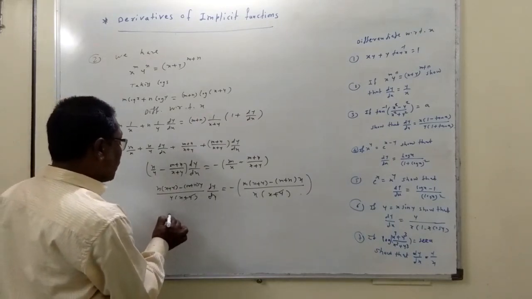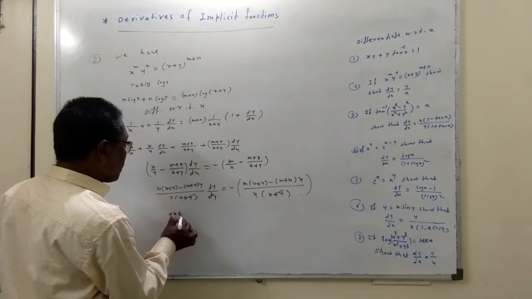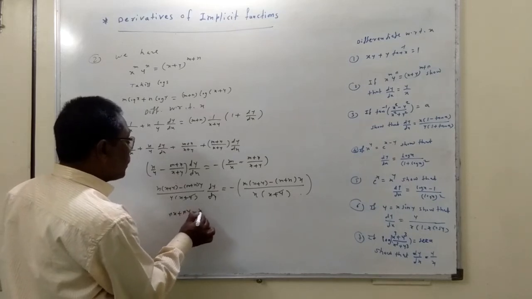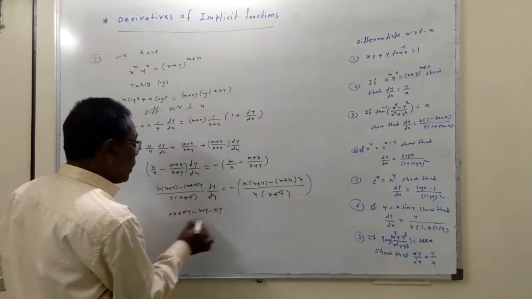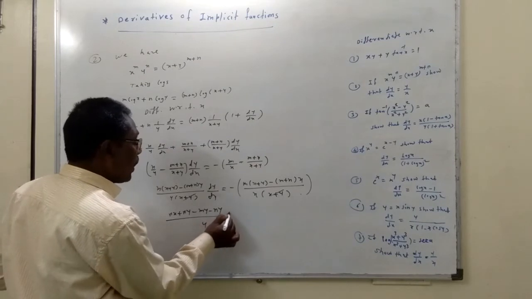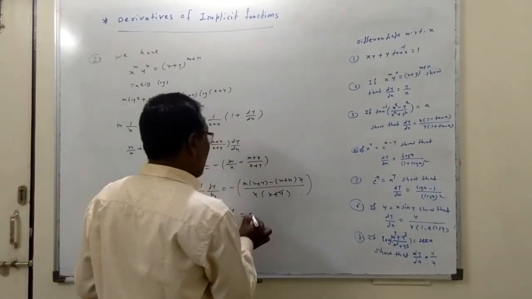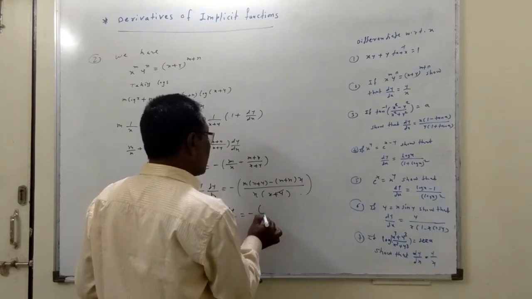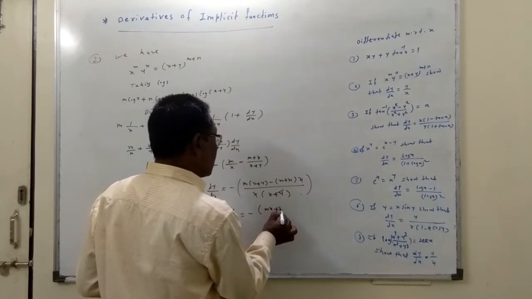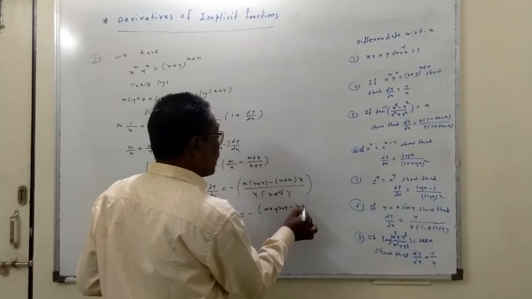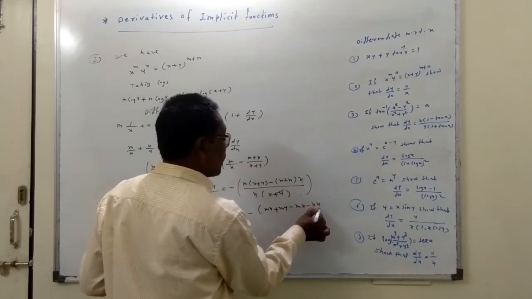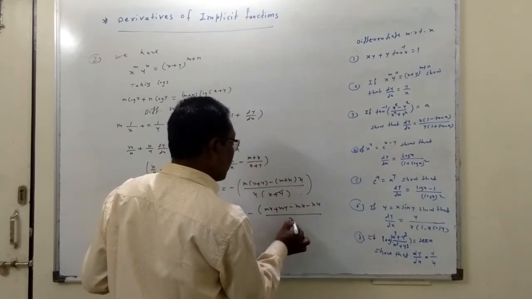So on further simplification, we get (nx plus ny minus my minus ny) divided by y, dy by dx, that is equal to minus (mx plus my minus mx minus nx) divided by x.